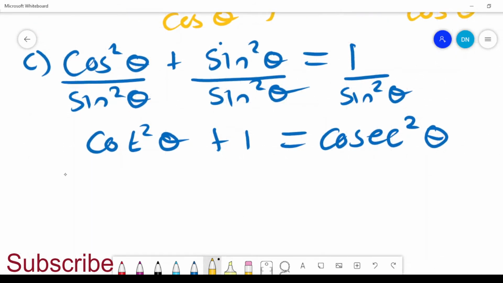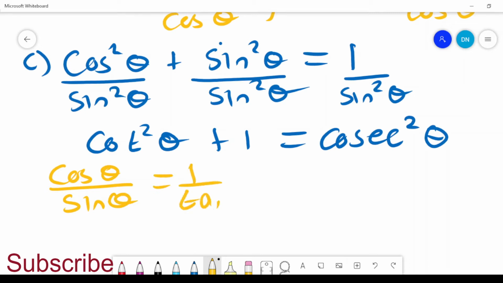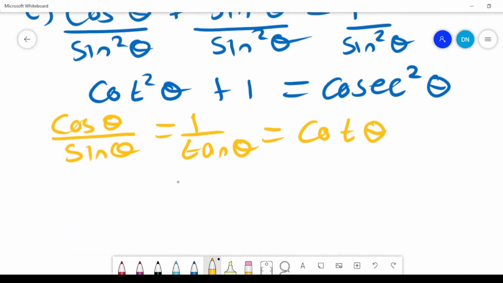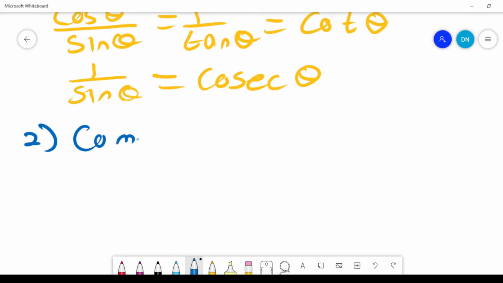What I know is that cos theta over sine theta is equal to 1 over tan theta, and this is equal to cot theta. That's the first information that I know and that I could use there. And then I also know that 1 over sine theta is equal to cosec theta.